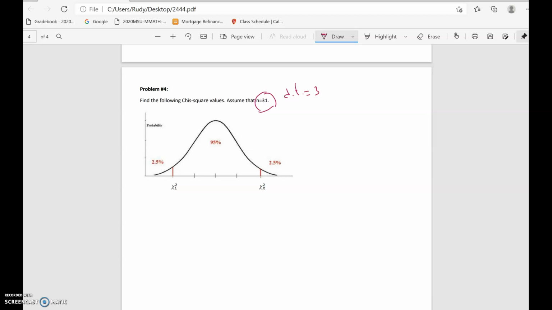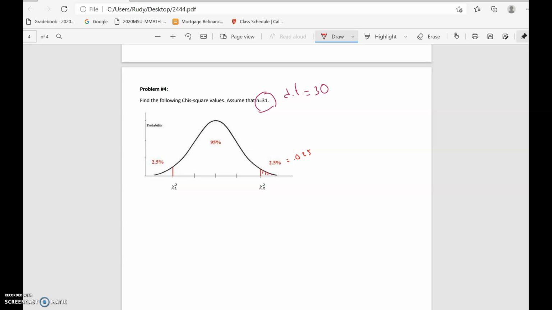For the first one, 2.5% is above it, which means 0.025 area above it.